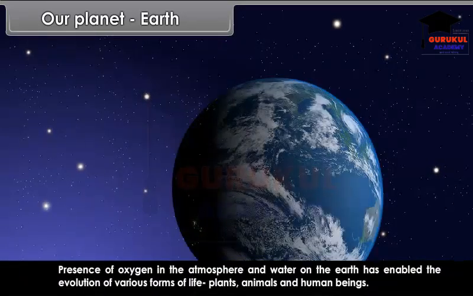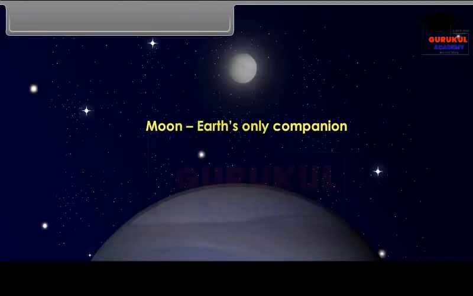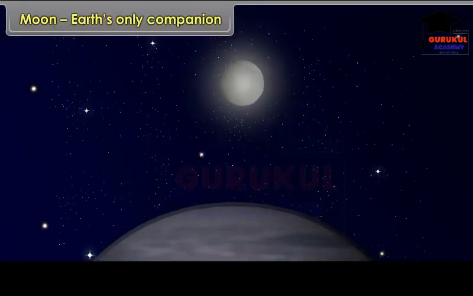Presence of oxygen in the atmosphere and water on the Earth has enabled the evolution of various forms of life, plants, animals and human beings. Owing to the abundance of water, the planet appears blue from the space, and hence Earth got the name Blue Planet.